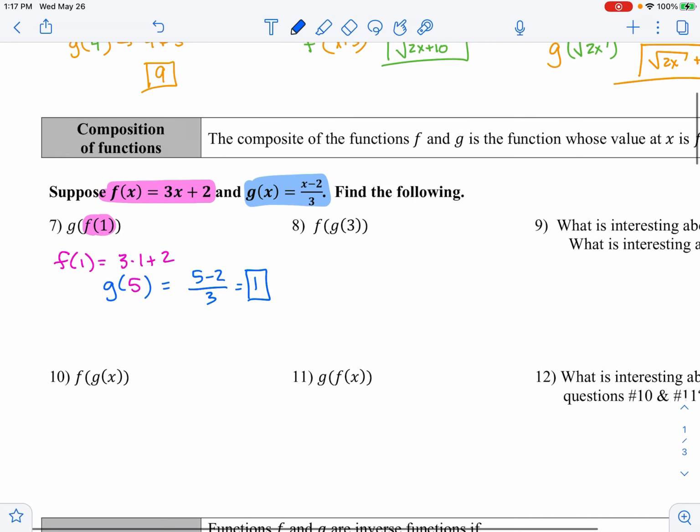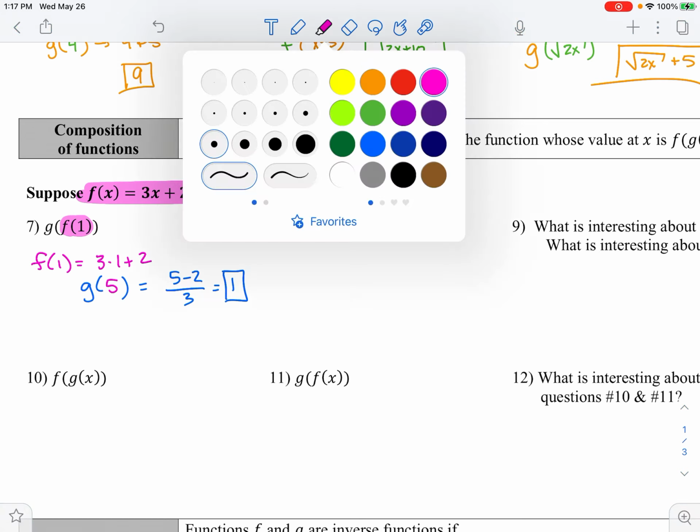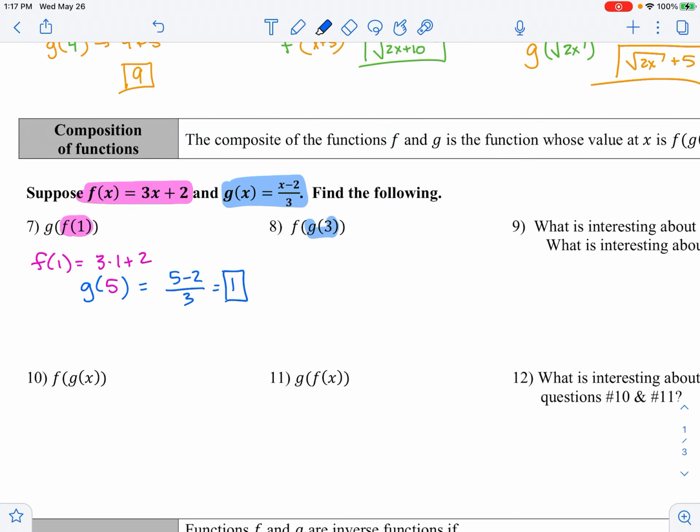All right, let's see, number 8. Let's try the other way around. I'm going to do g of 3 first, because I'm working from the inside out. So let's plug in 3. g of 3 is 3 minus 2 over 3. And that's going to give me 1/3 as my answer.